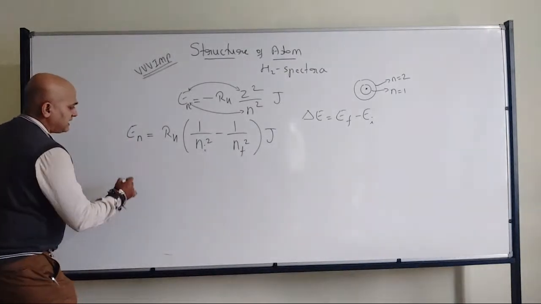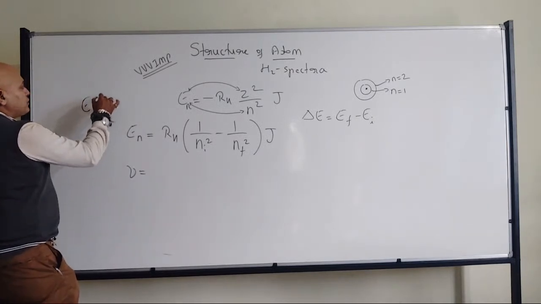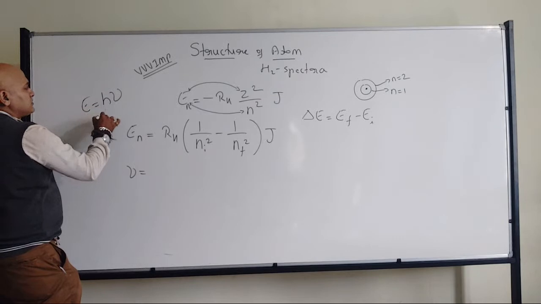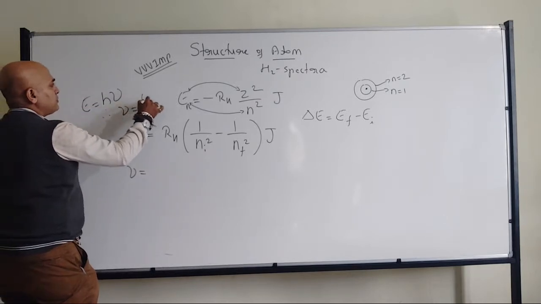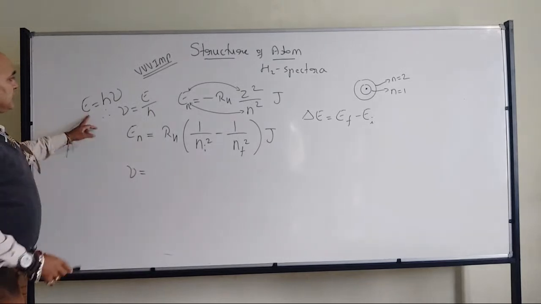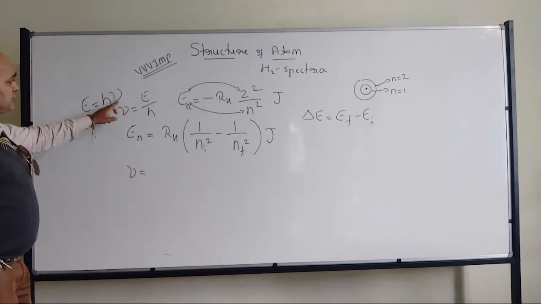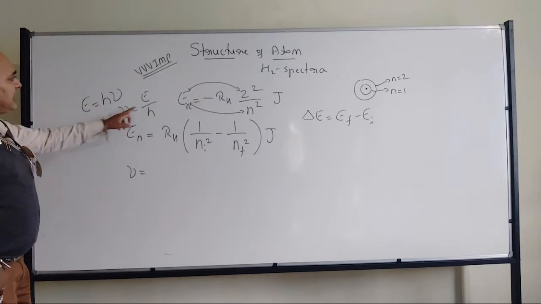Now, if I make it into frequency, because E is equal to h nu, therefore nu is equal to E by h. All of you have understood? E is equal to h nu, this equation we discussed day before yesterday. By rewriting the equation, nu is equal to E by h.